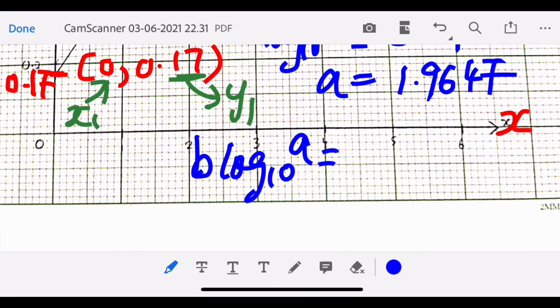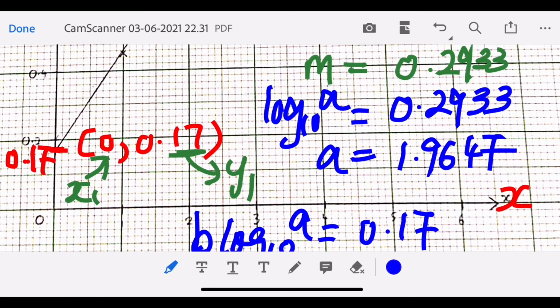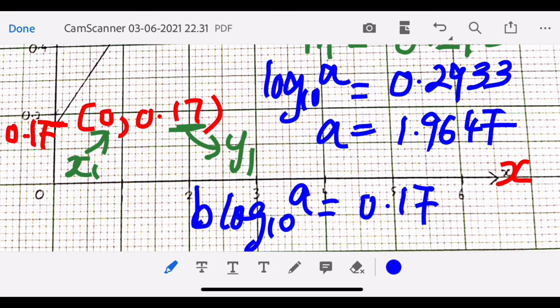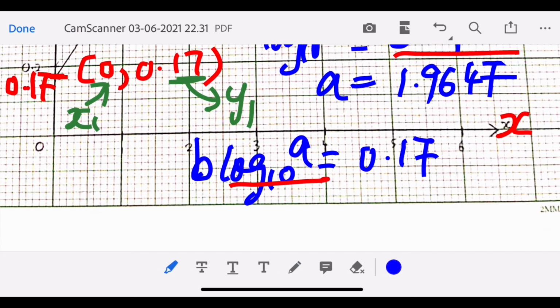B log 10 a equals c, which is 0.17. And we have the log 10 a value just now, so we can substitute it here.